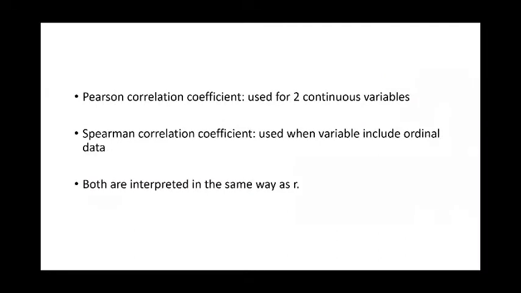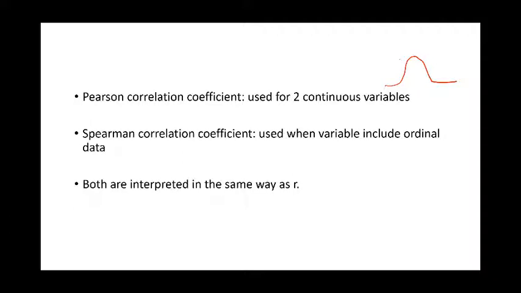There are two major correlation coefficients we use. One is Pearson correlation, one is Spearman correlation. Both are different coefficients which are used in different scenarios. If Y and X both are continuous or discrete variables which both have a normal distribution, then we can use the Pearson correlation coefficient.